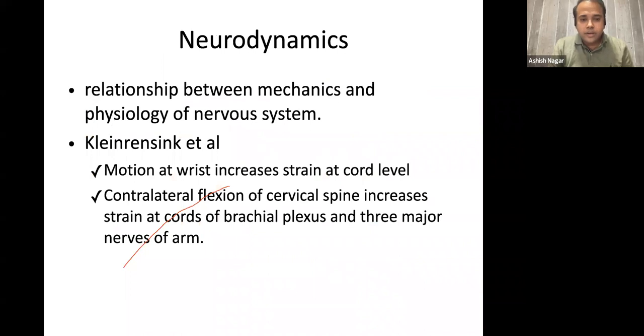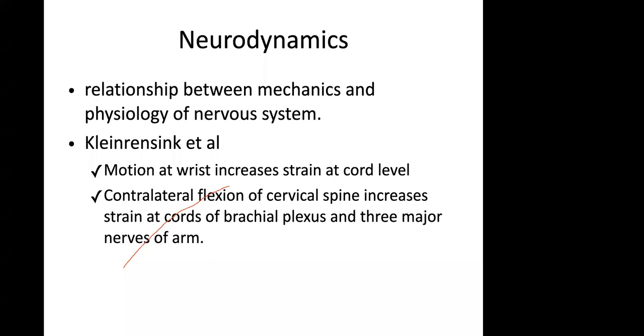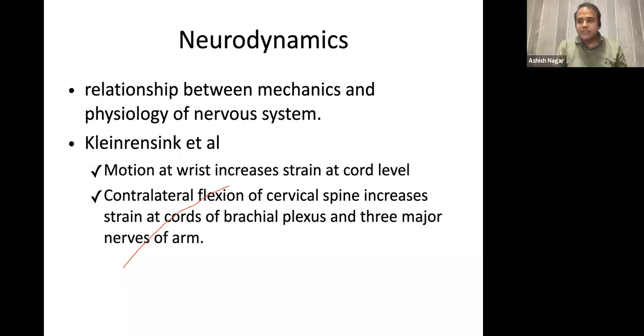Another important term that we have to understand is neurodynamics. Simply put, neurodynamics is the relationship between the mechanics and the physiology of the nervous system. When we say mechanics, it means any kind of pressure, any kind of force, which could be a push or a pull.